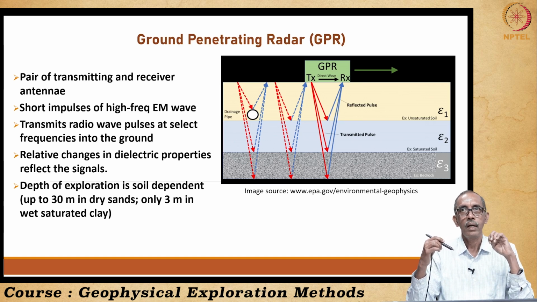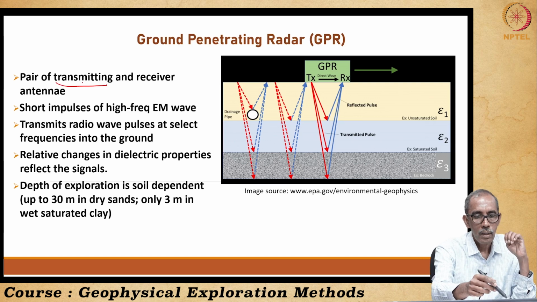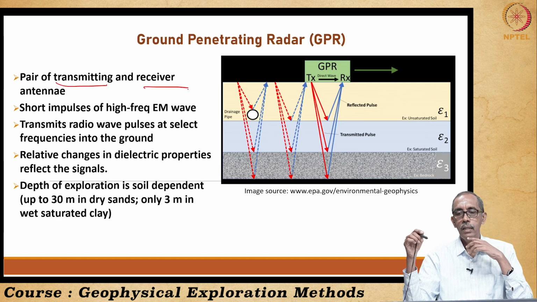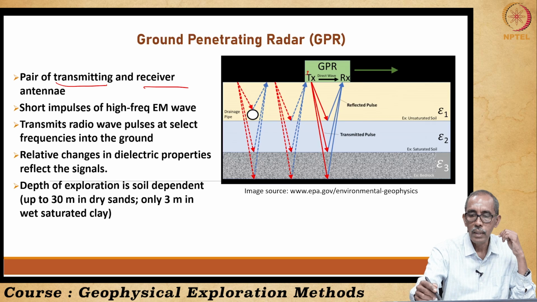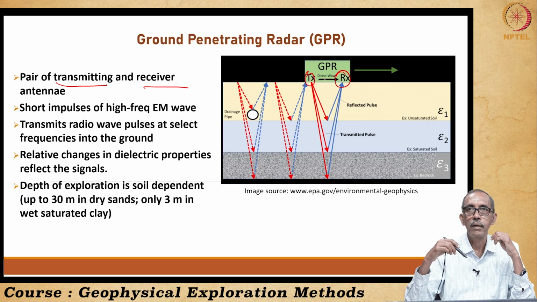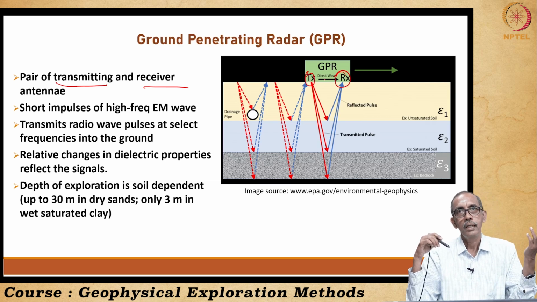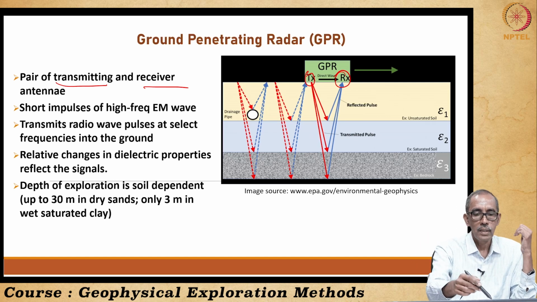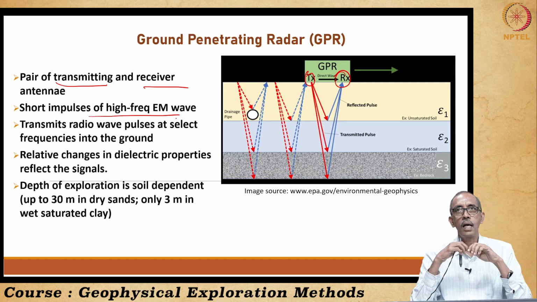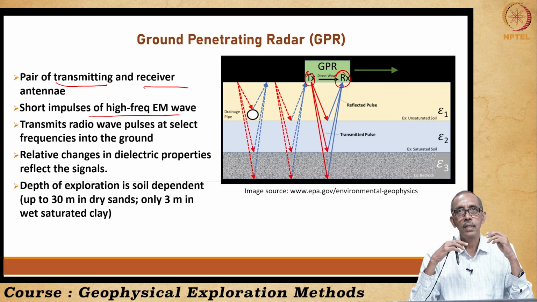Here we have two antennas, one to transmit, one to receive, right. That means we have a transmitting antenna and a receiver, similar to electromagnetic methods. What we do here is generate impulses of radar waves, which are nothing but electromagnetic waves.